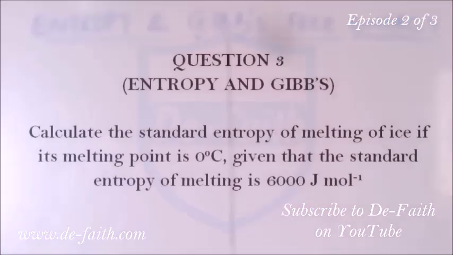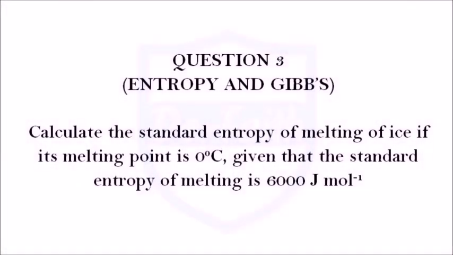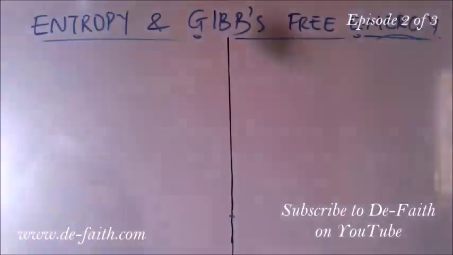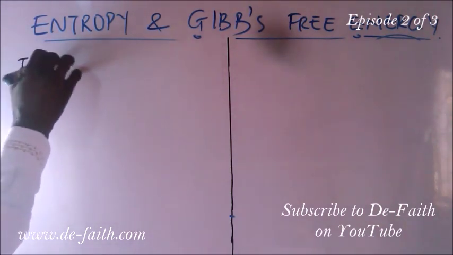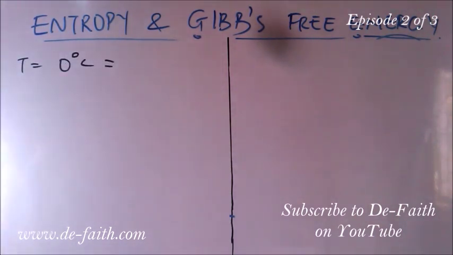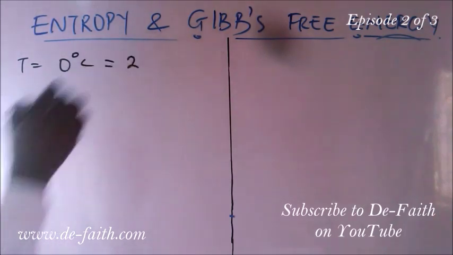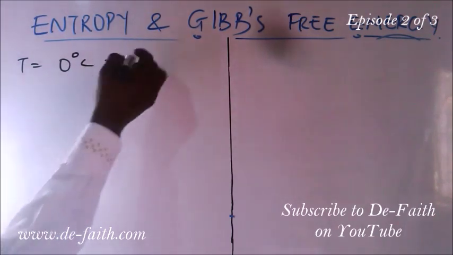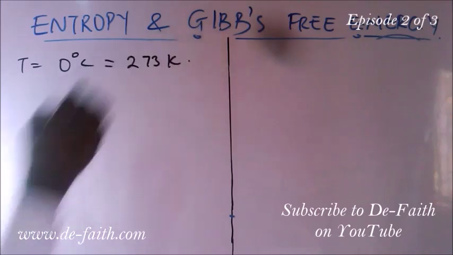Next question, which says calculate the standard entropy of melting of ice if its melting point is 0 degrees Celsius, given that the standard enthalpy of melting is 6000 joule per mole. We have ice which is melting into water at 0 degrees Celsius. So our attention is on the temperature, which is 0 degrees Celsius, which needs to be in Kelvin, and that's 273 Kelvin.